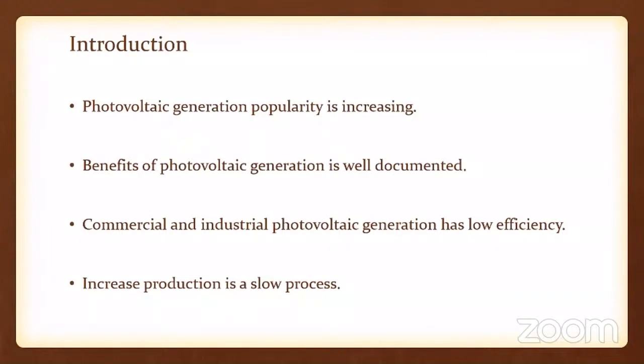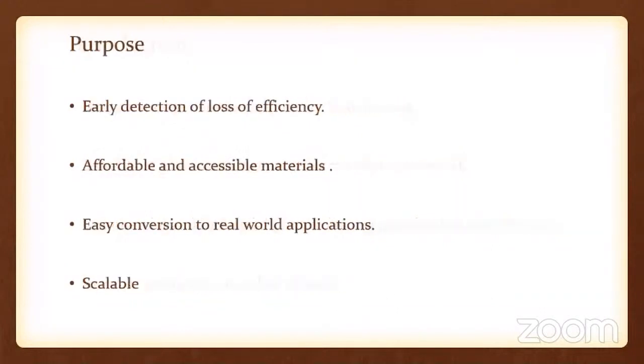Technological advancement in the field of solar energy production has increased this percentage somewhat, but it is unaffordable for most commercial applications. This is where this research comes in, where instead of increasing the productivity of solar panels, we reduce the loss of efficiency of solar panels and thereby increase the overall productivity of the solar installation.